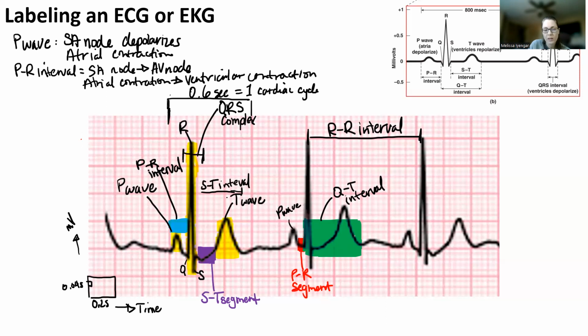So how can we have this over here, this PR segment? What you notice is that it's a little bit of a flat line and a dip. The PR segment is basically the delay between the SA node depolarizing and the AV node depolarizing.